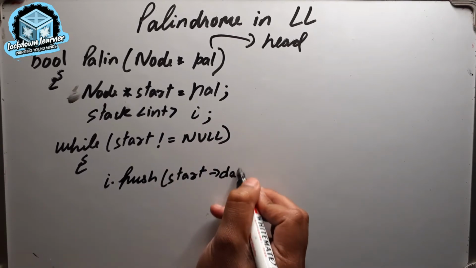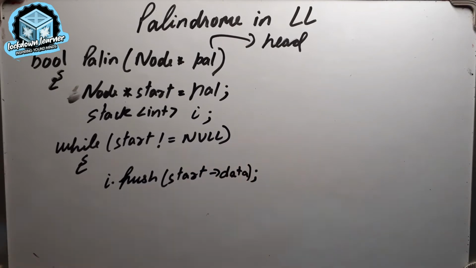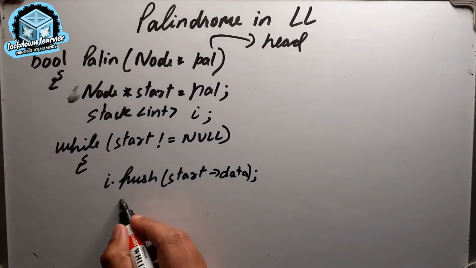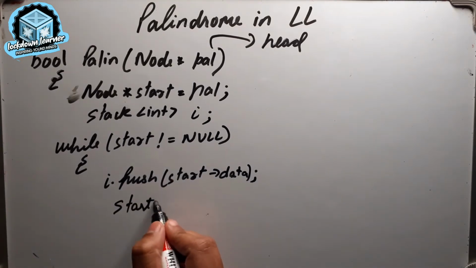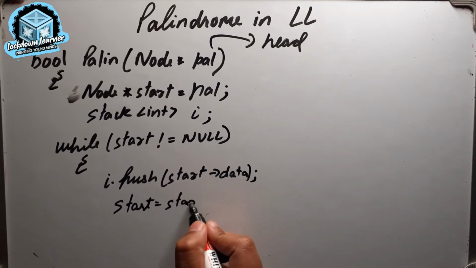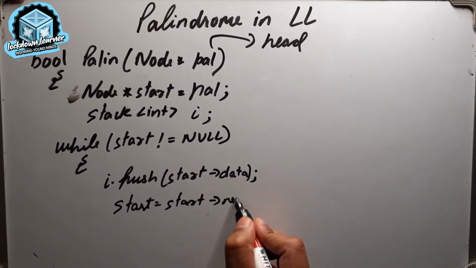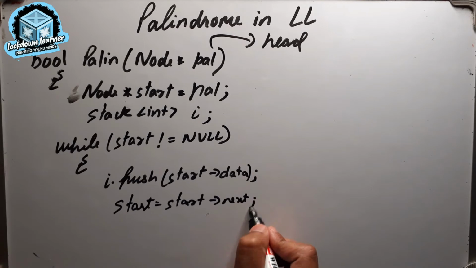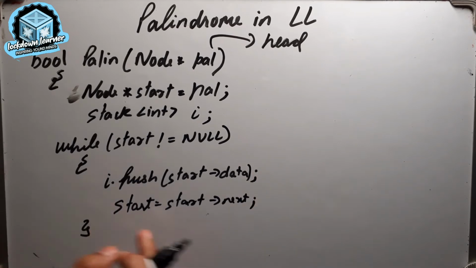So we are pushing start of data inside the stack, and then what we are doing is start equals start of next. Okay, so we have copied all this linked list values in this stack.